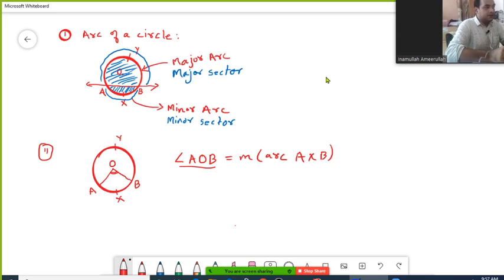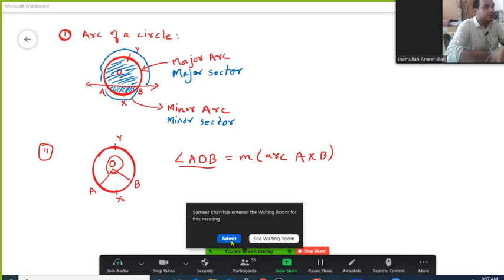AOB is actually central angle. So central angle is always same as its intercepted arc, and its intercepted arc is AXB. So this minor angle AOB will be same as its minor arc AXB, and this major angle will be same as major arc AYB.